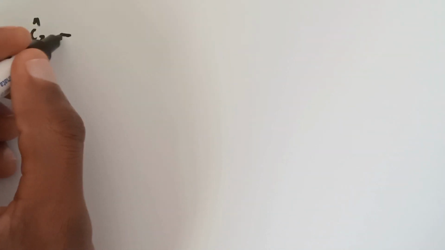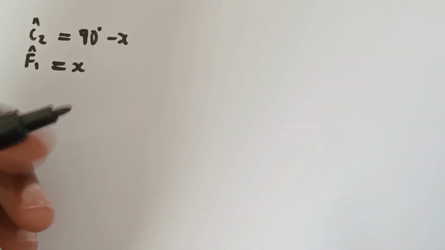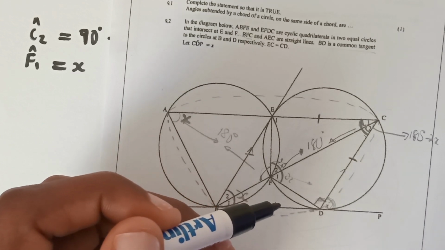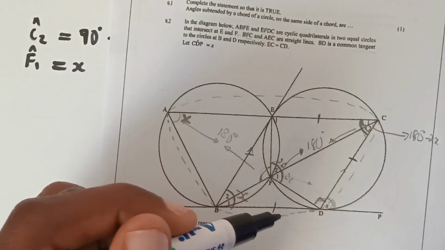Now we said here angle C2 is equal to 90 degrees minus x, and the sum of angles of a triangle will be our reason.